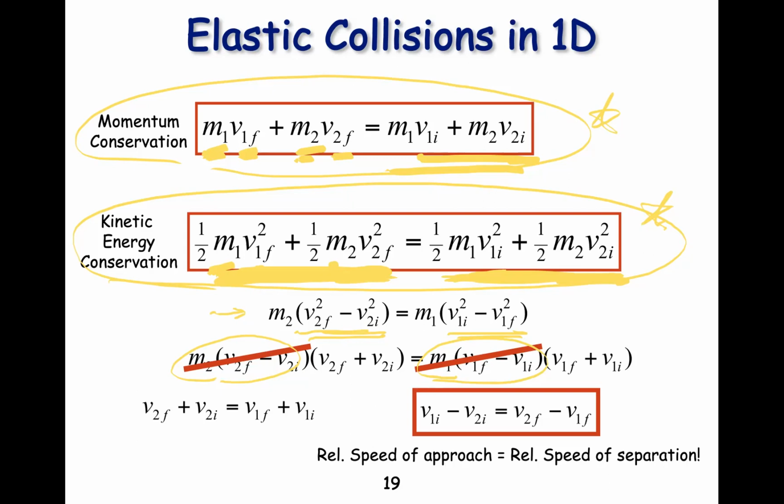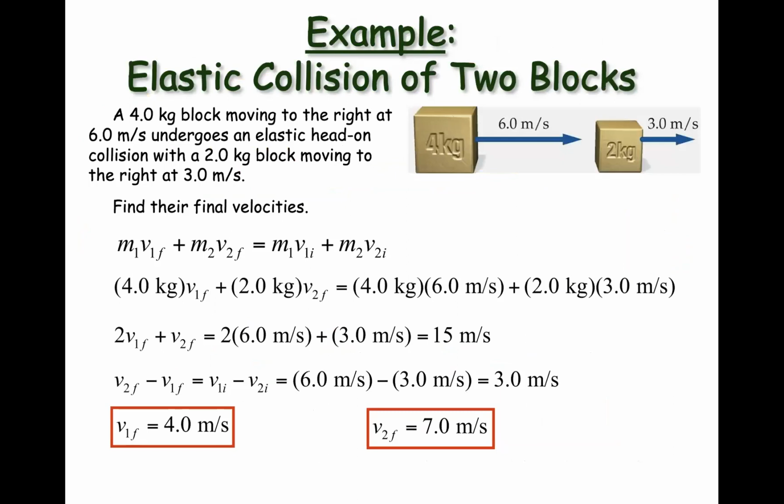And when you simplify this after canceling that, you can find that the relative speed of the two objects before they collide equals the relative speed of the two objects after the collision is done, which is kind of a beautiful result that you get only in the case of the elastic collision. Even if objects have different masses, that relative speed difference thing still applies. So that's kind of a nifty result.